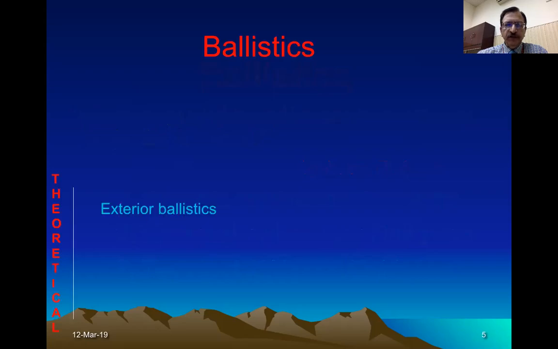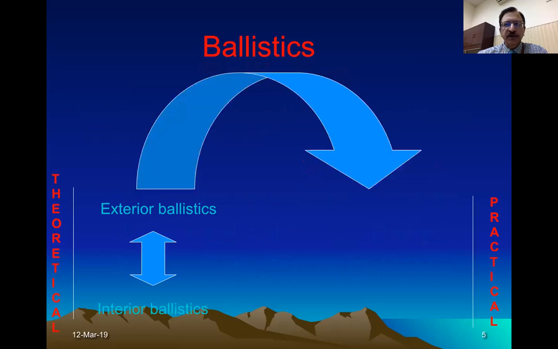So theoretically, when we say ballistics, from interior ballistics to exterior ballistics, the bullet in the exterior ballistics should travel in a straight line. But practically it has been seen that it assumes a curved pathway. It does not follow the straight line.